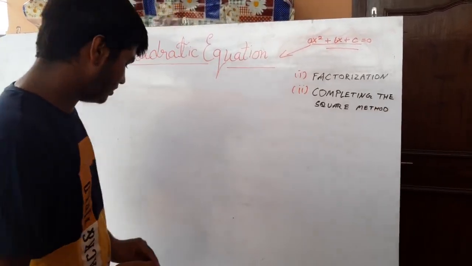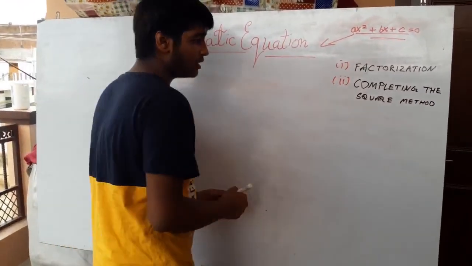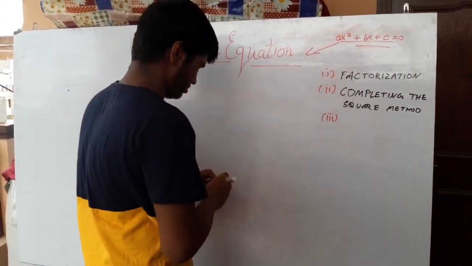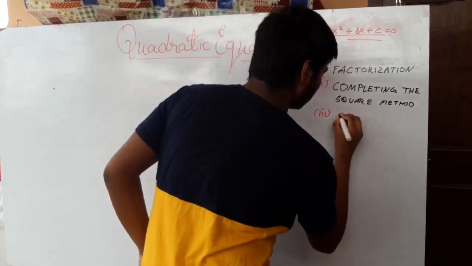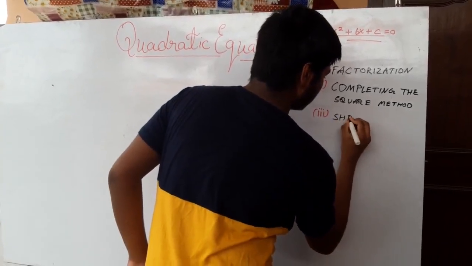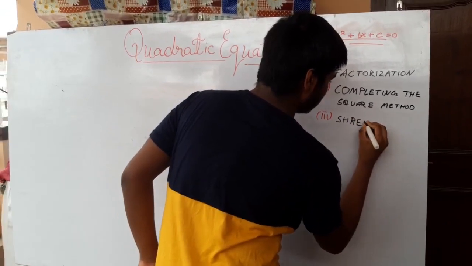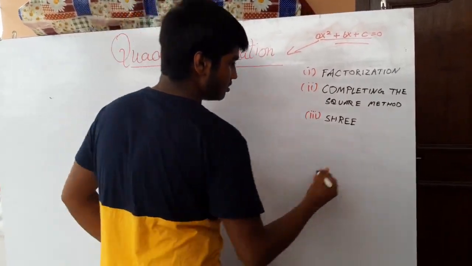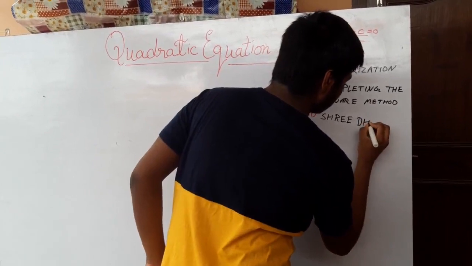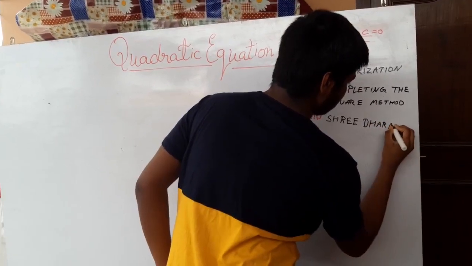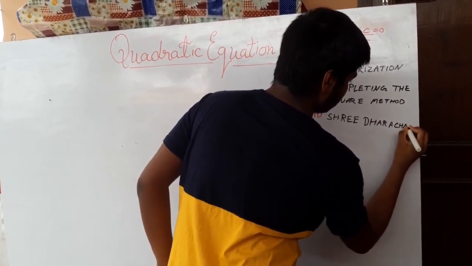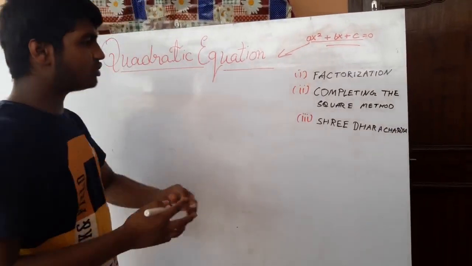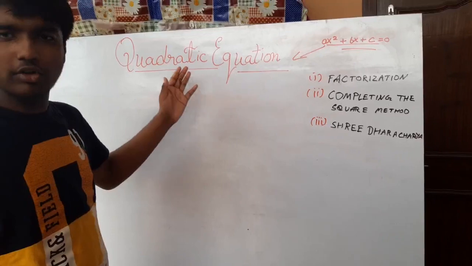This is the second method. The third method is by Shridharacharya. These are the three methods by which we can solve a quadratic equation.